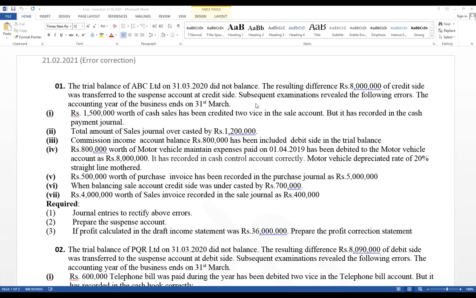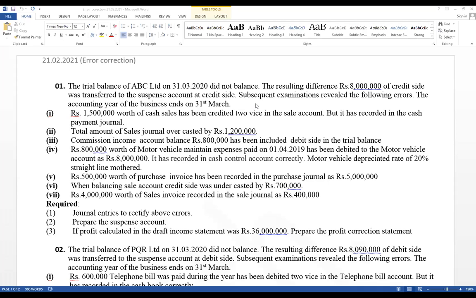Therefore, you have to know from the beginning how to record information in the prime entry books. After that, information included in the prime entry books should be recorded in the ledger by using the double entry system: general ledger, debtors ledger, and creditors ledger.